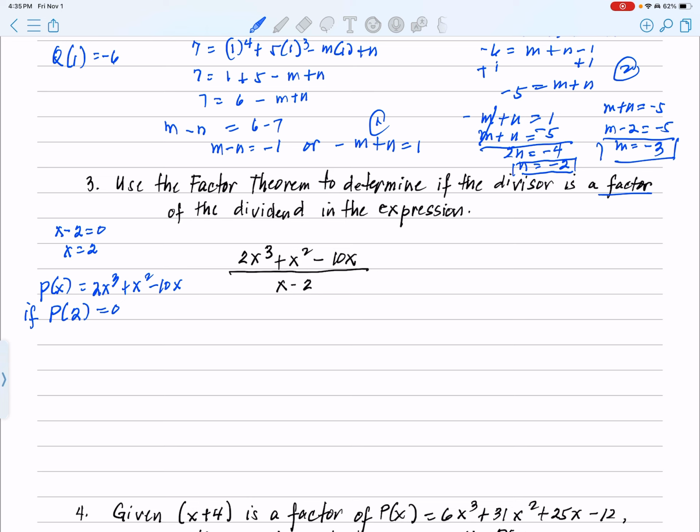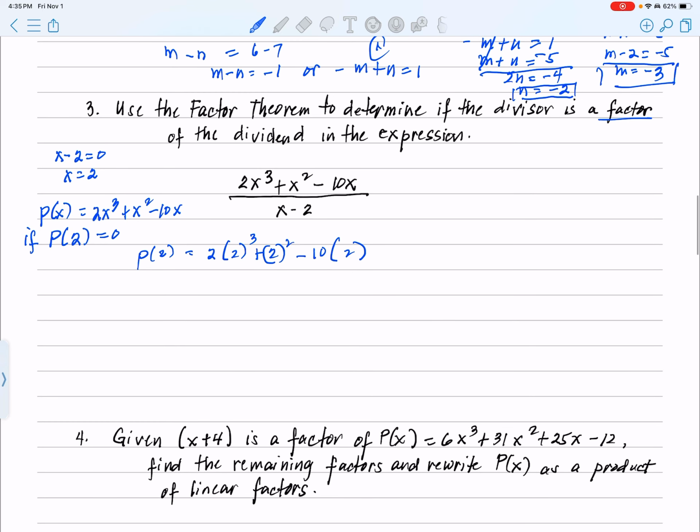Okay, let's do this. We'll substitute p of 2 into the polynomial: 2 times 2 to the third power plus 2 to the second power minus 10 times 2.